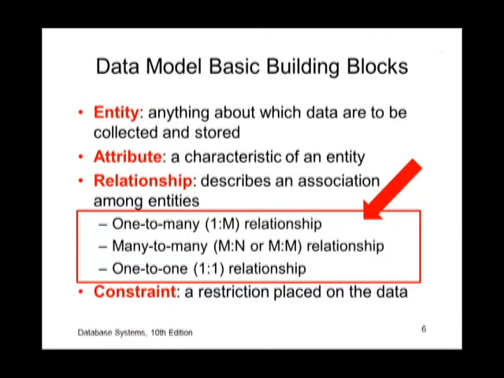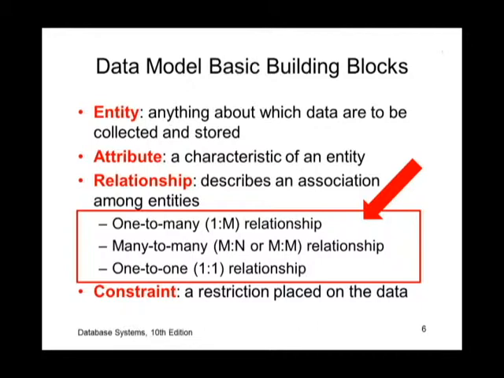That is a one-to-many relationship, a many-to-many relationship, and notice the preferred annotation there is an M to N. M to M is also accepted, but M to N is a preferred relationship, and that's what we'll use in class. And of course, a one-to-one relationship, a direct relationship.